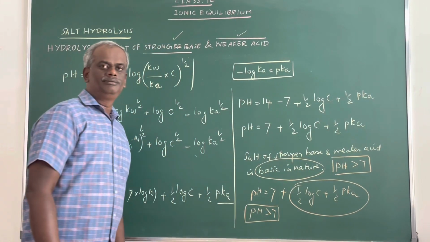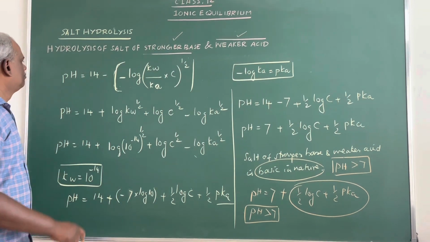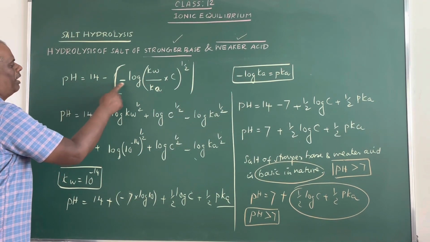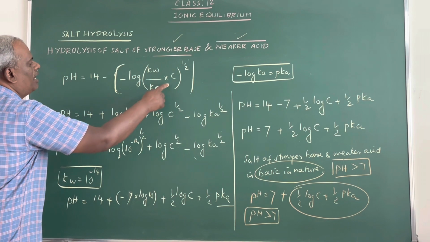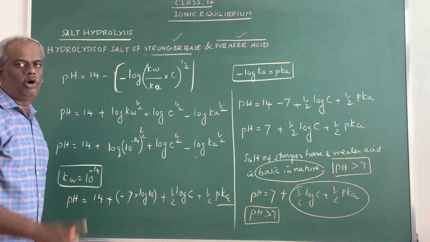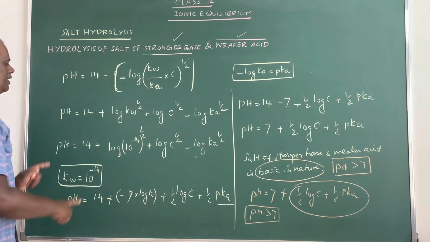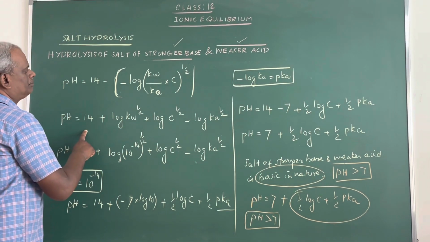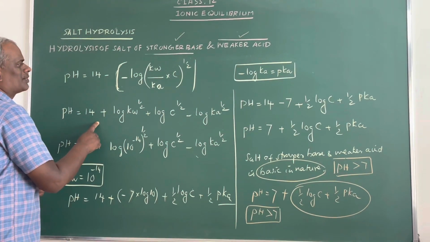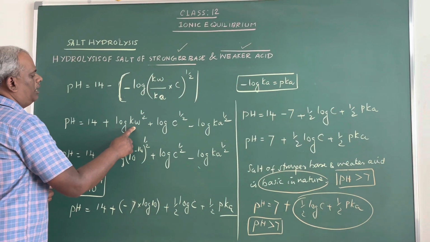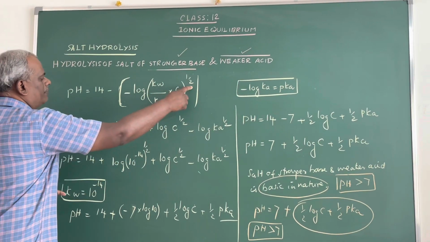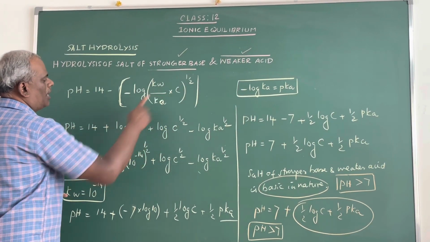Very simple. Just at a glance, pH is equal to 14 minus log of Kw by Ka into C, the whole power half. It is split and written as 14, and minus into minus becomes plus: log Kw power half plus log C power half.